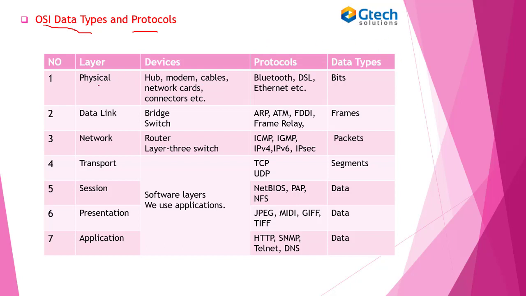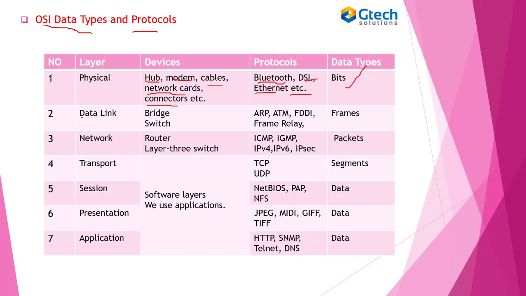Let's start with the physical layer, the very layer at the bottom. Under physical layer, we have devices like hub, modem, cables, network interface cards. Connectors applicable under physical layer include Bluetooth, DSL, Ethernet, etc. The data type here is bits.